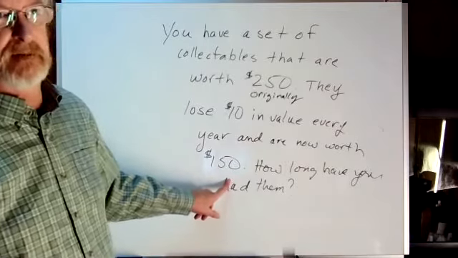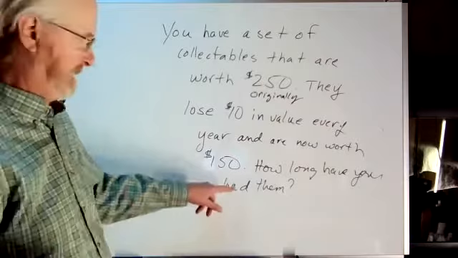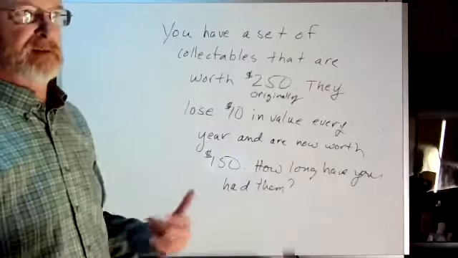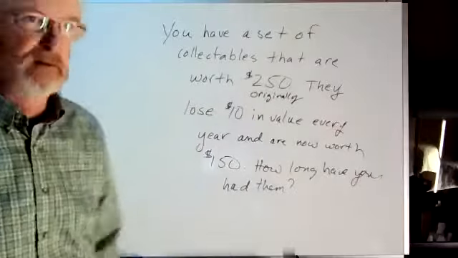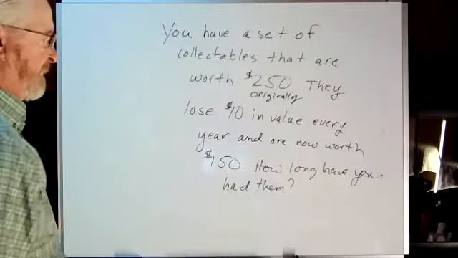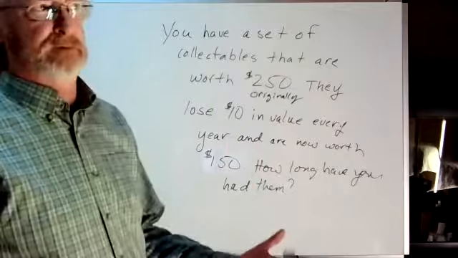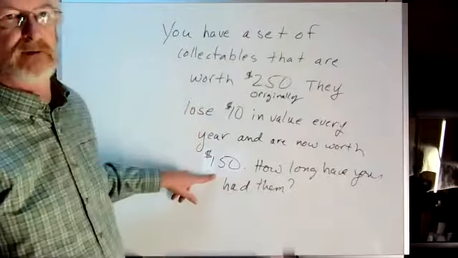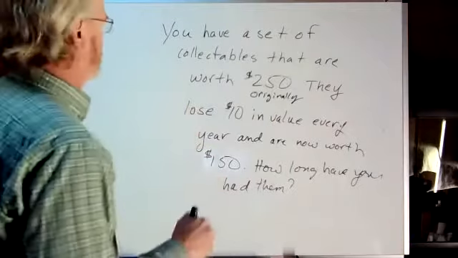Now, you can probably do that in your head, but we want to be able to write an equation that describes the situation. You could use it over and over again. So again, what's that final value that you want to kind of isolate? Well, the final value is what they're currently worth. Right?